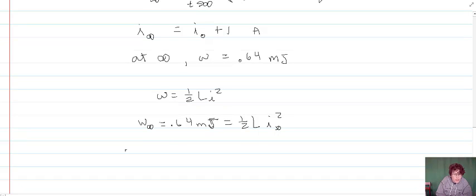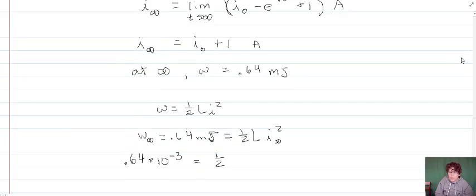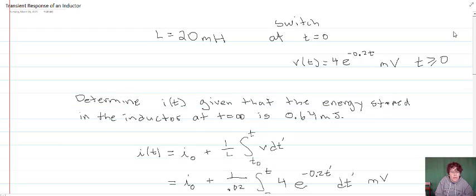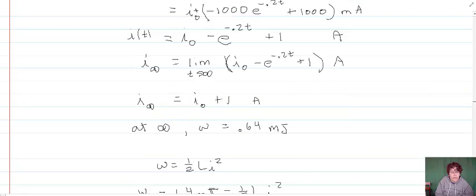So the energy was 0.64 millijoules, so that's 0.64 times 10 to the negative third equals 1/2, and L was, let's see, what was L? L was 20 millihenries, so that's 0.02.